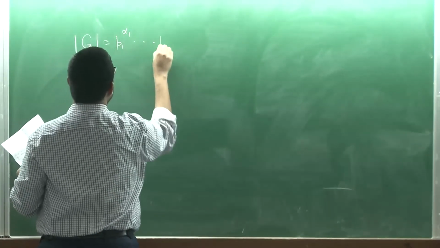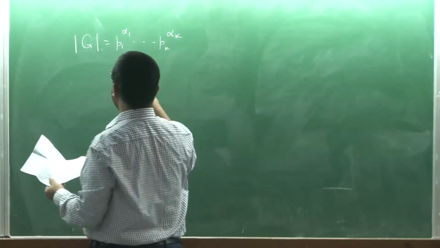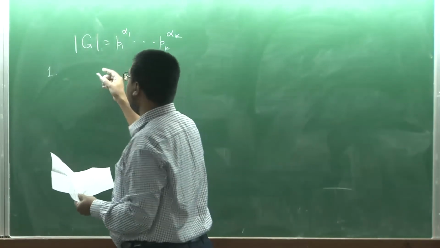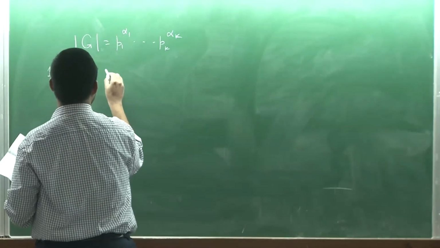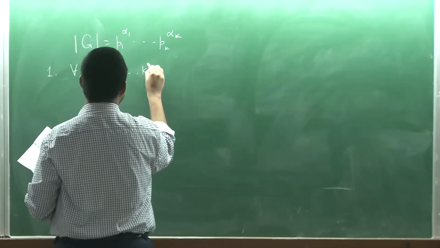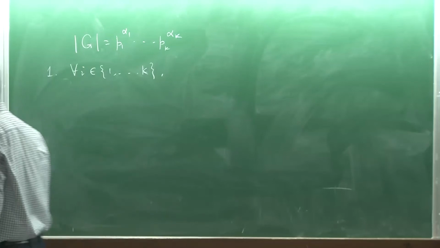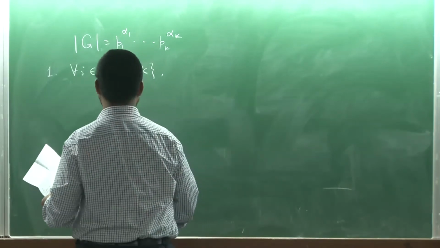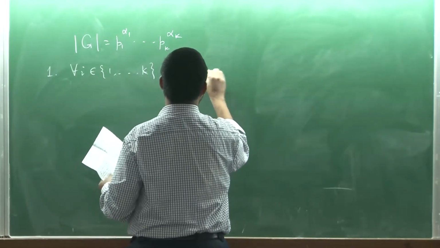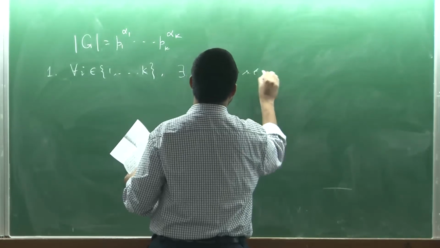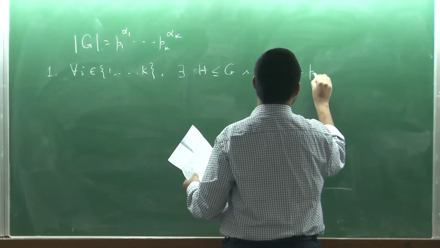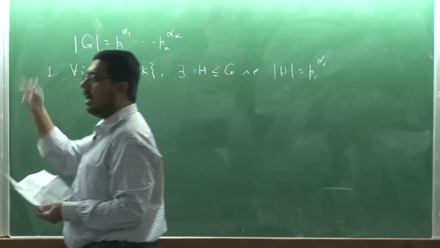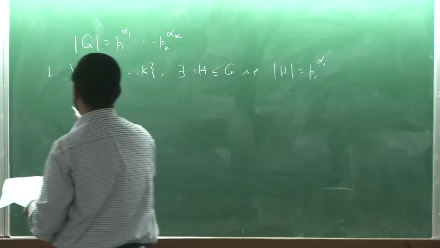In the usual notation, if G is a finite group whose order has distinct prime factors p1 up to pk, then for every i from 1 up to k, there exists a subgroup having exactly that order. Such a subgroup is called a Sylow pi subgroup. Remember that its order is the highest power of pi dividing the order of G.